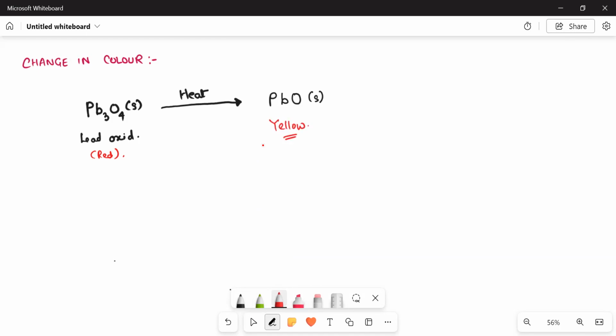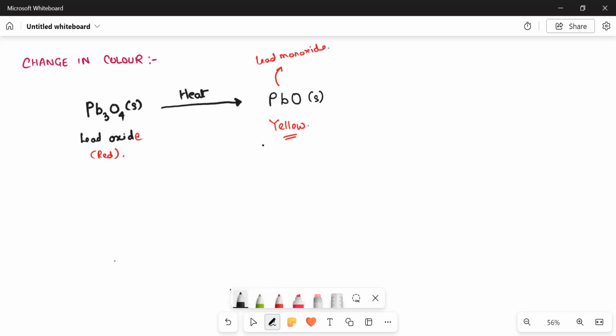See, these two compounds are different. The name of this compound is lead monoxide. This is lead oxide, that's fine, but the other one is lead monoxide.